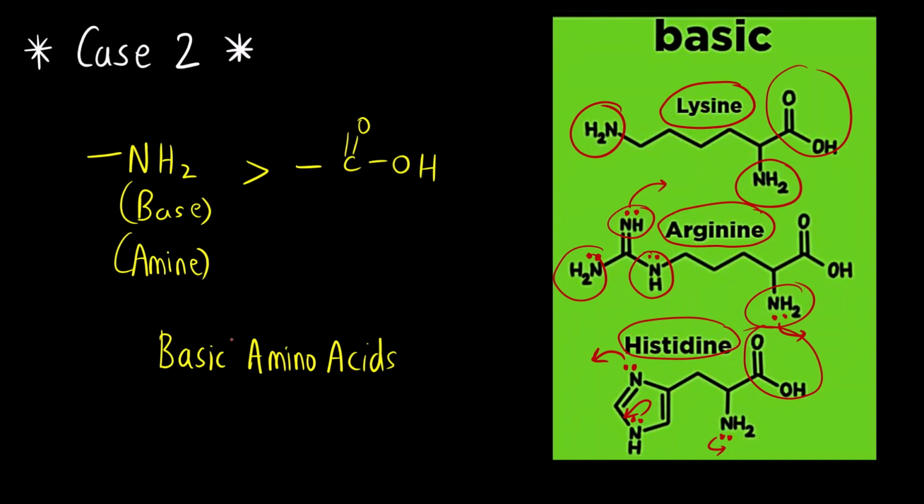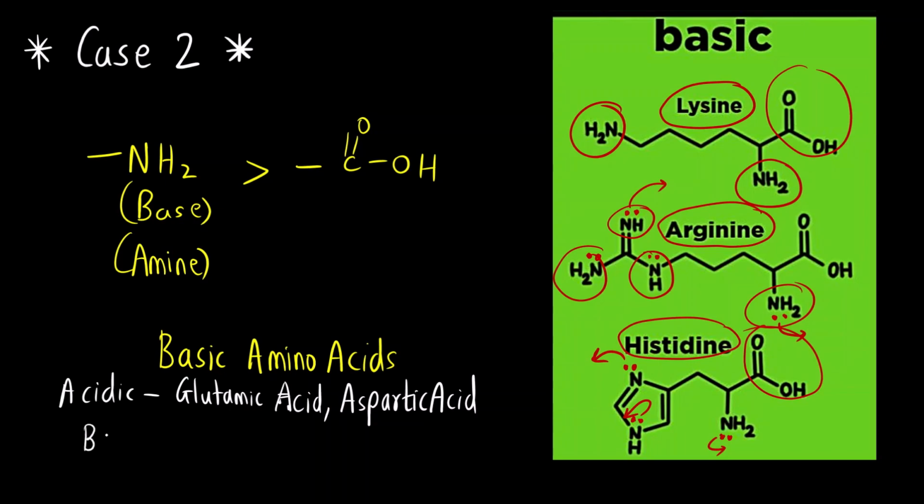Let us write down the acidic amino acids we saw just now. Only two: glutamic acid and aspartic acid. Which are the basic amino acids?